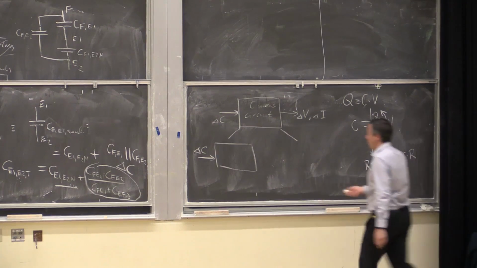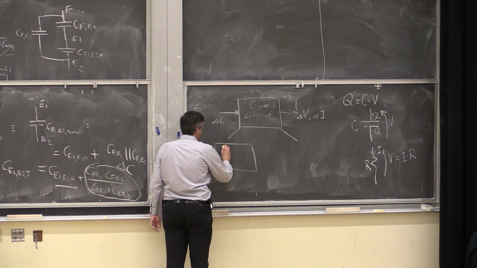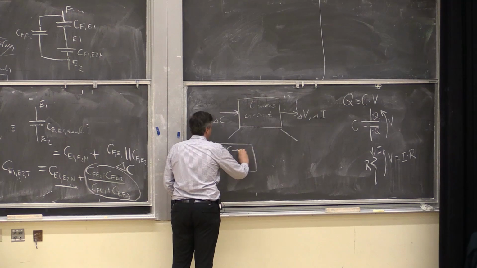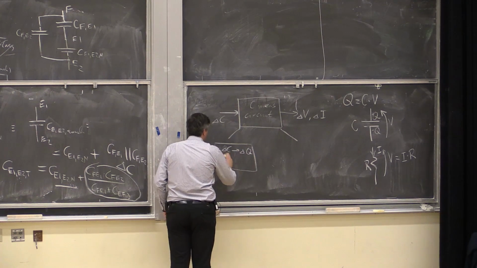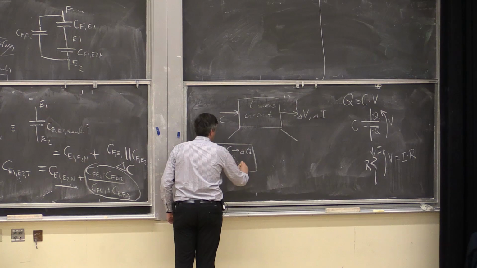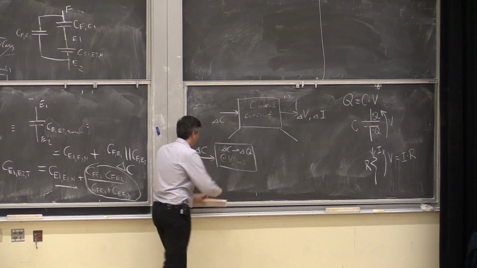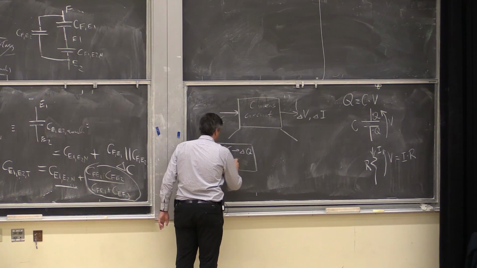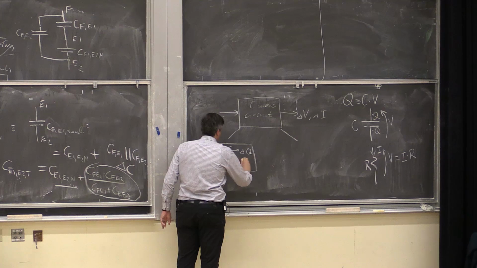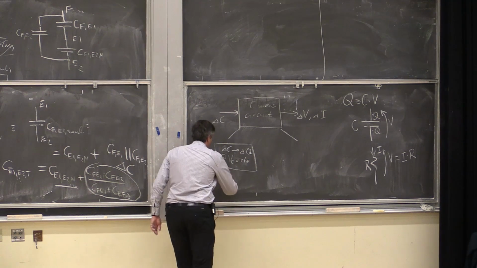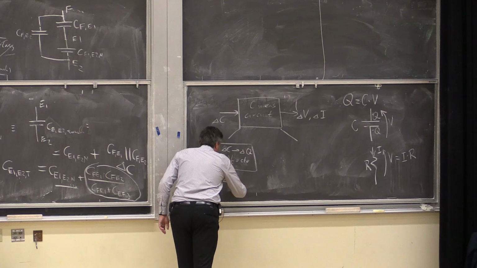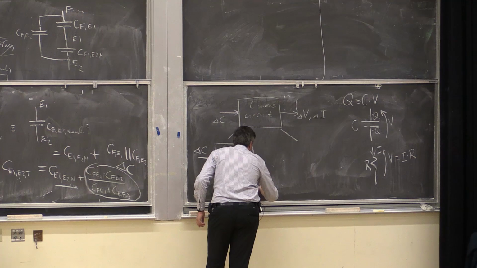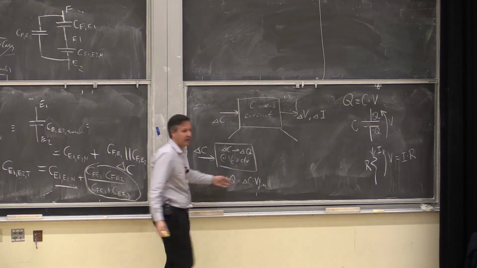So the first block is going to turn delta C to delta Q at V fixed, or V equals constant. So the equation will be something like delta Q equals delta C times V fixed.